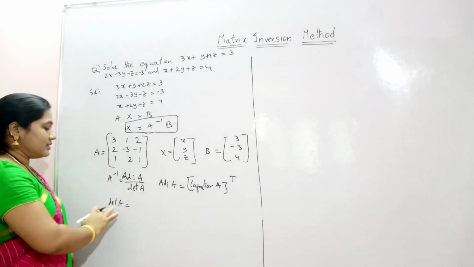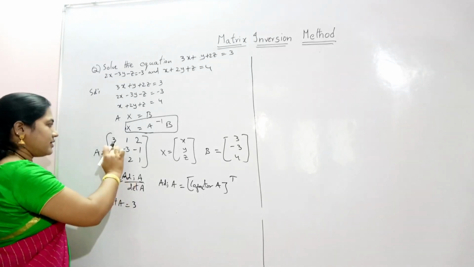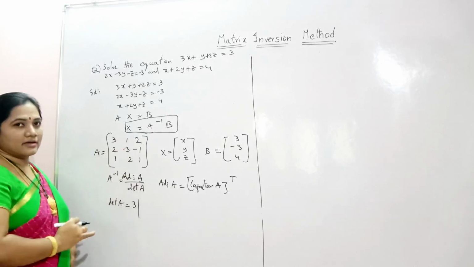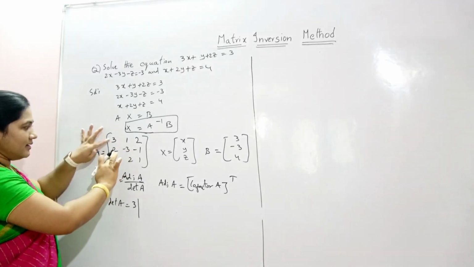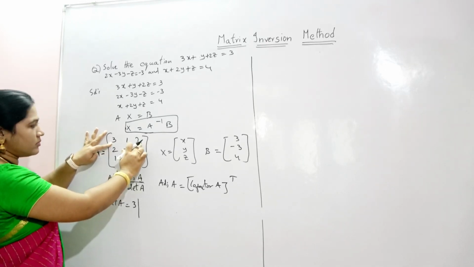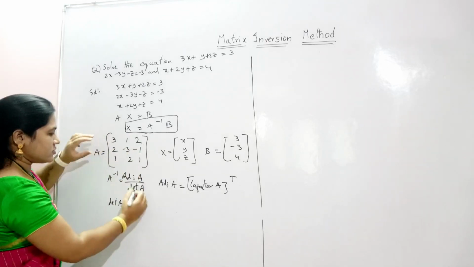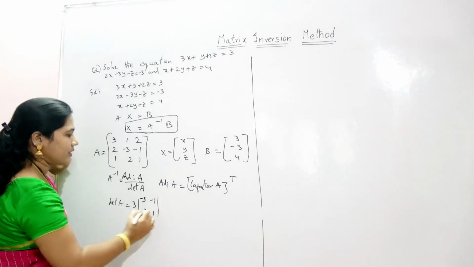That gives the determinant A. So the first element is 3 and its cofactor: just delete the first column and the first row, and write down the remaining elements. So -3, -1, 2, 1.